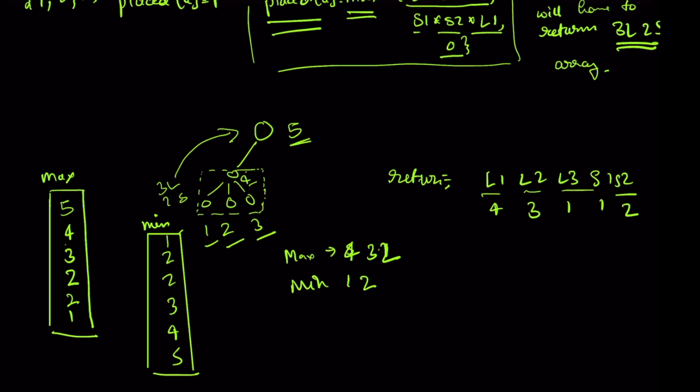So you see 1 is repeating here, but when you take the minimum, you are only looking up to the first two values. You won't look beyond that. So these will not create a problem here.